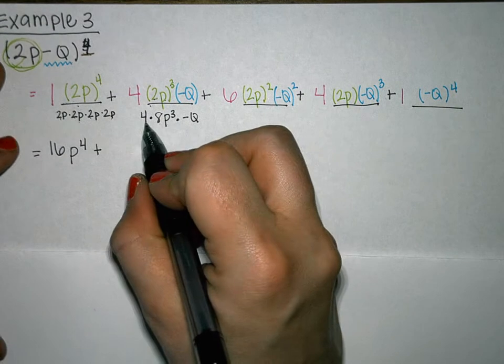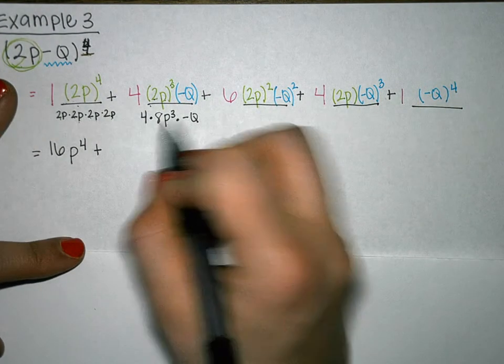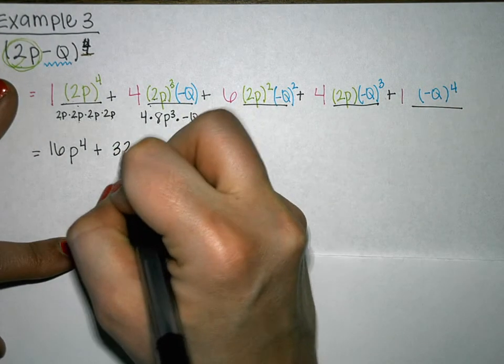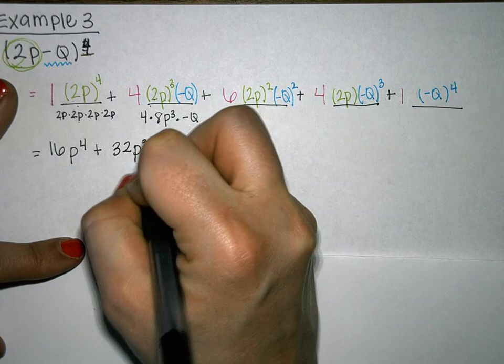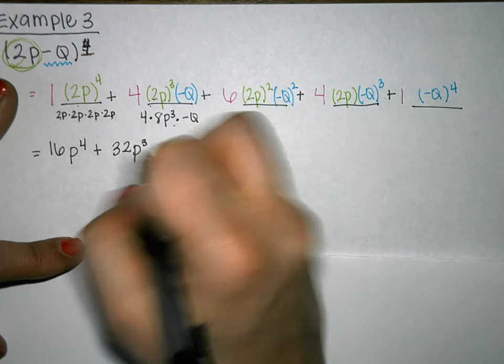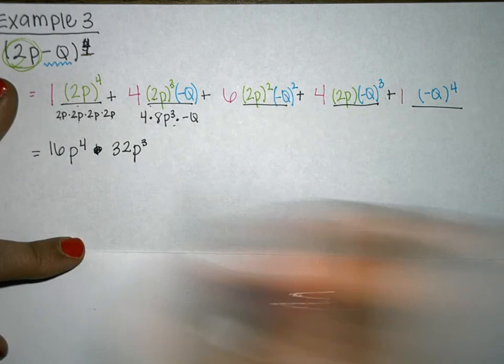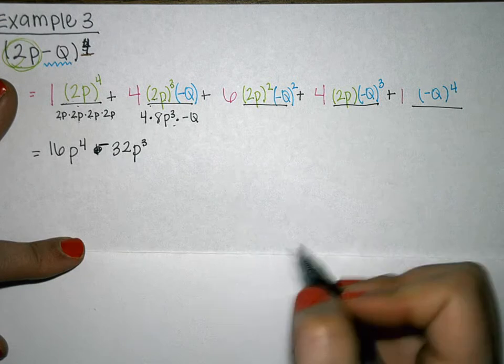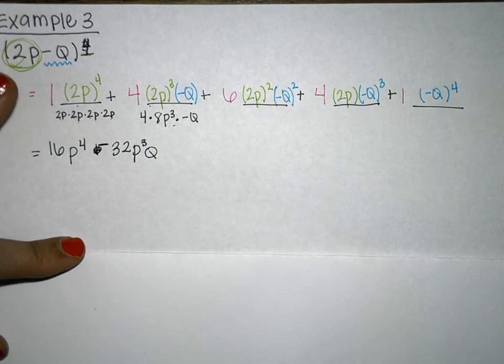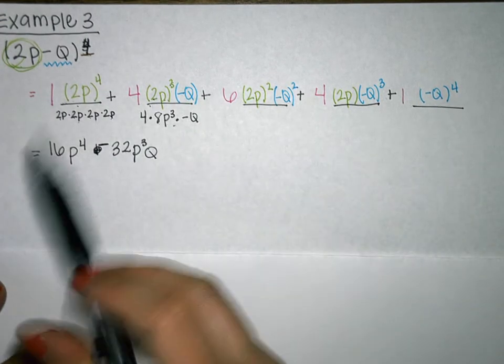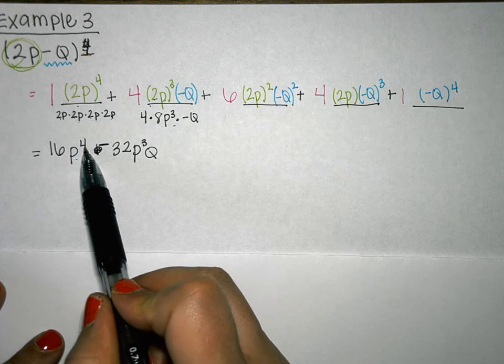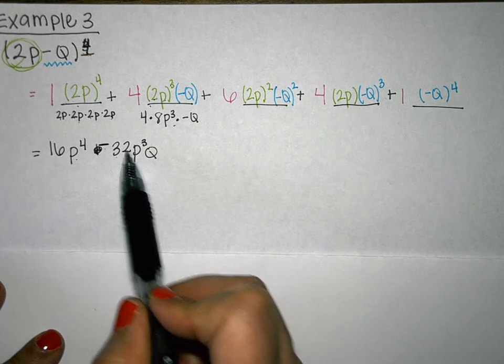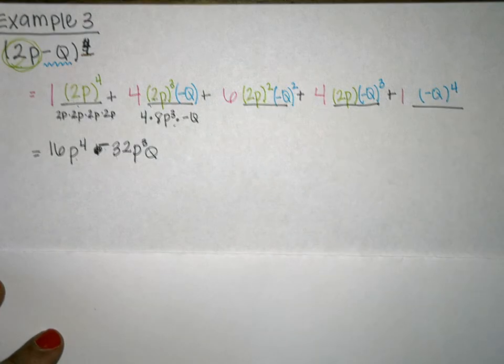So this is going to be 4 times 8 gives me 32p to the 3rd times the negative q, which is actually not going to make it a plus 32, it's going to make it a minus 32, and then we put that q at the end. So far we have 16p to the 4th minus 32p to the third q.